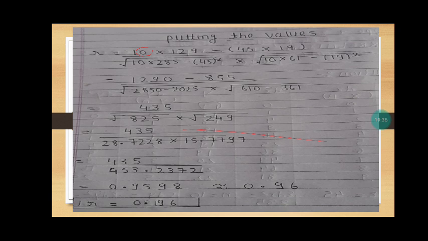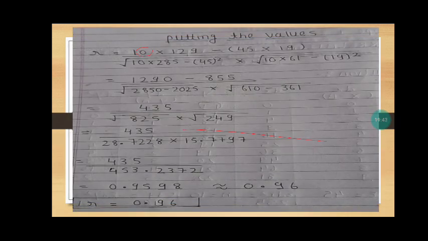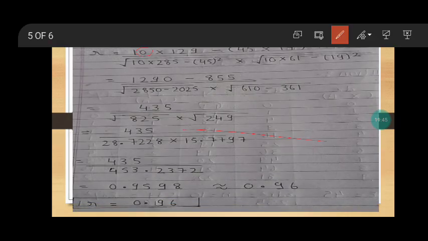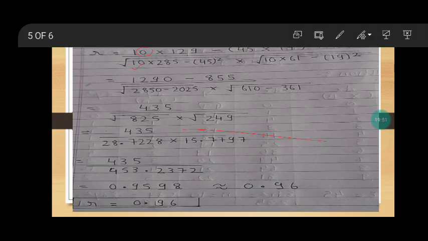Okay, so as we have seen, the value of n is 10. So here we will write 10. Then value of summation dx square is 285. So here we have written 285, then minus summation dx whole square. Now what is the meaning of summation dx whole square?